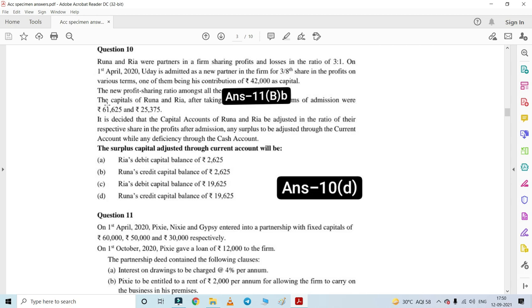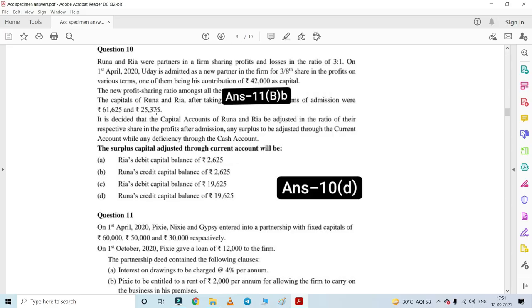The capitals of Runa, Ria after taking into account all the terms of admission were 61,625 and 375. It is decided that capital accounts of Runa and Ria be adjusted in the ratio of their respective share in the profit after admission. Any surplus to be adjusted through the current account while any deficiency through the cash account.